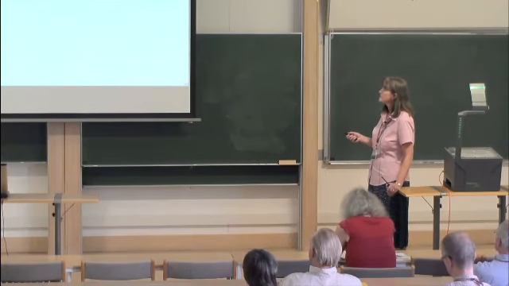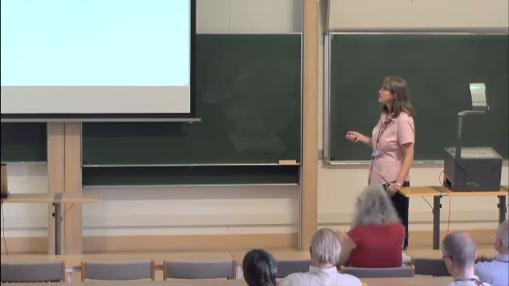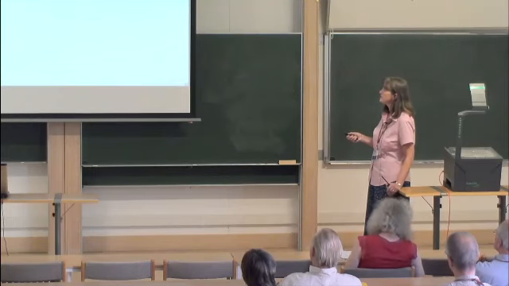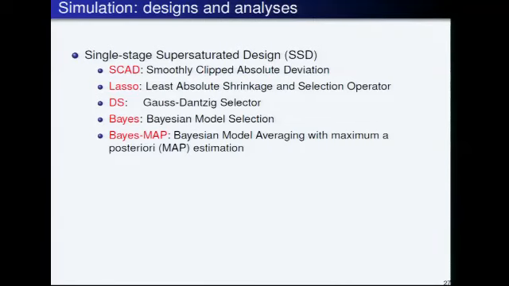There's the SCAD method, which was introduced by Dennis Lin and co-authors. The lasso is probably well known, the Dantzig selector, and then a couple of Bayesian methods, Bayesian model selection and a Bayesian model averaging with maximum a posteriori estimation. I don't have time to go into any of those to say what they are.